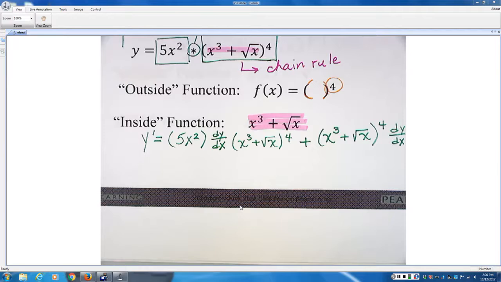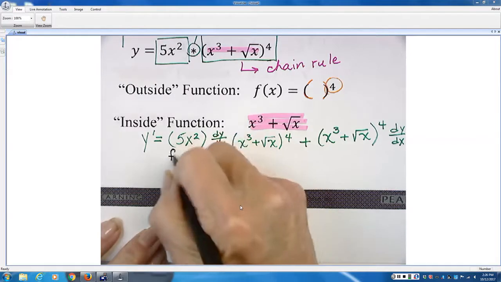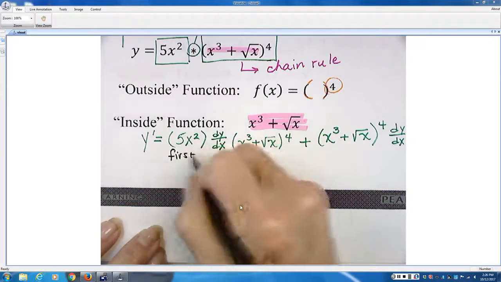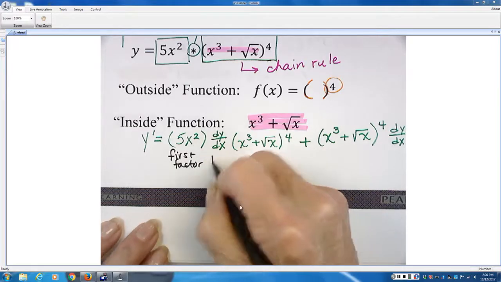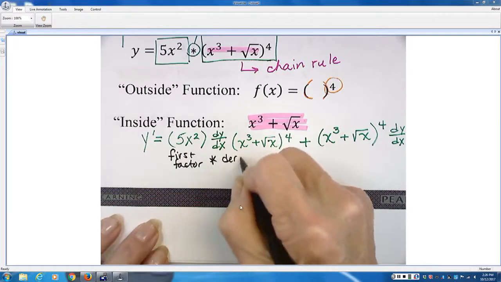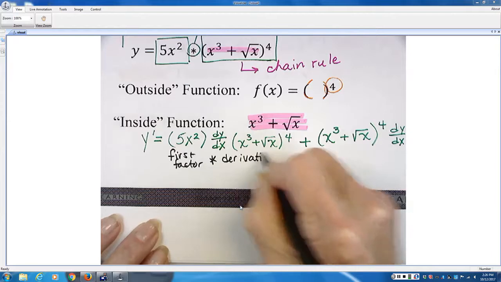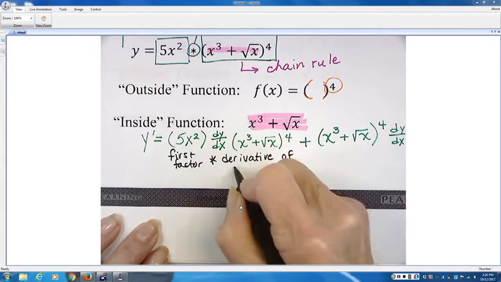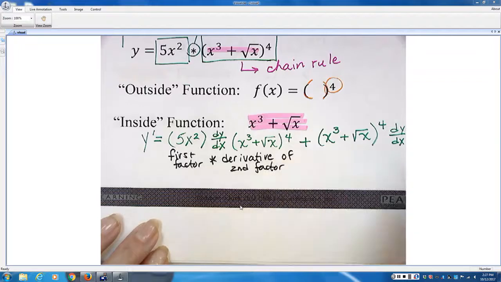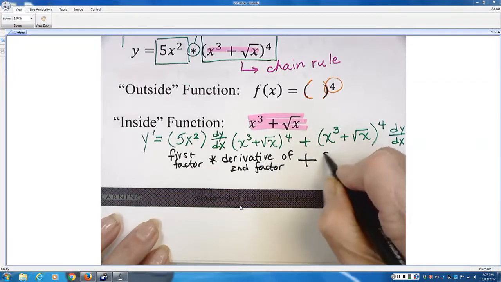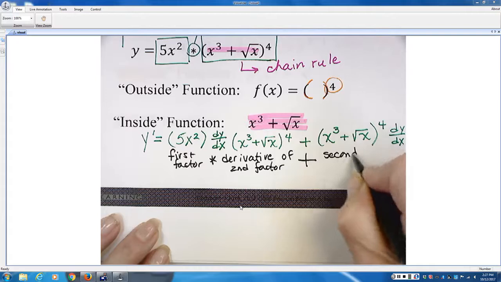So what this is, just to make sure that it's on the recording, this is the first factor times derivative of the second factor plus second factor, because remember, factors means things that are multiplied together.